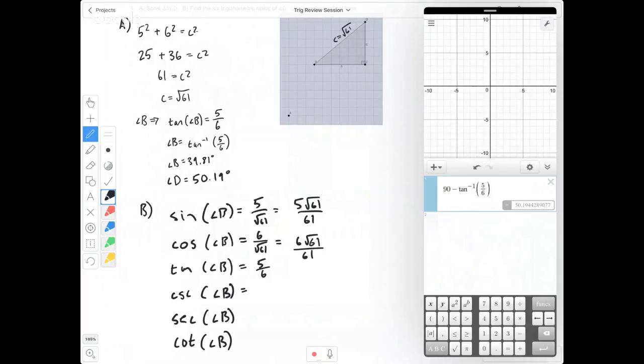The cosecant is the hypotenuse over the opposite, root 61 over 5. The secant is the hypotenuse over the adjacent, root 61 over 6. And the cotangent is the adjacent over the opposite. Cool.